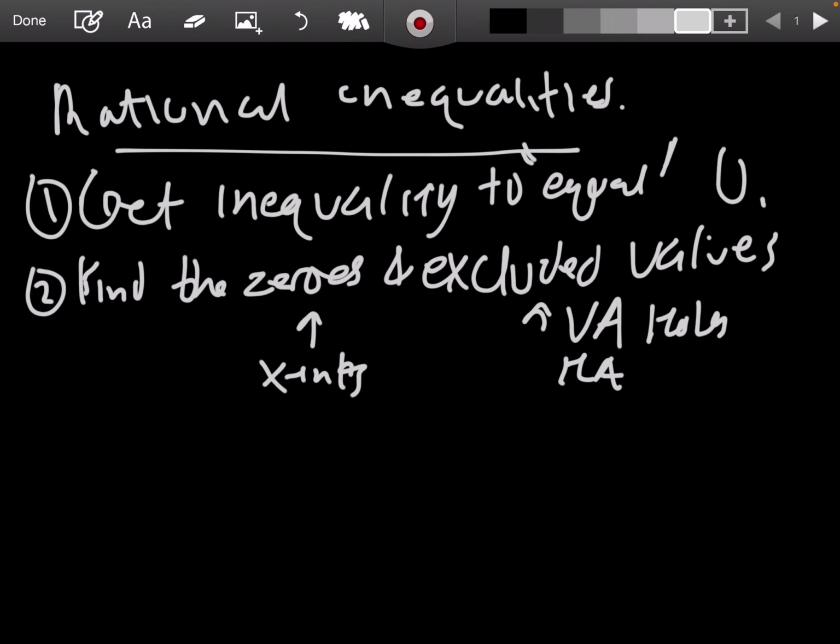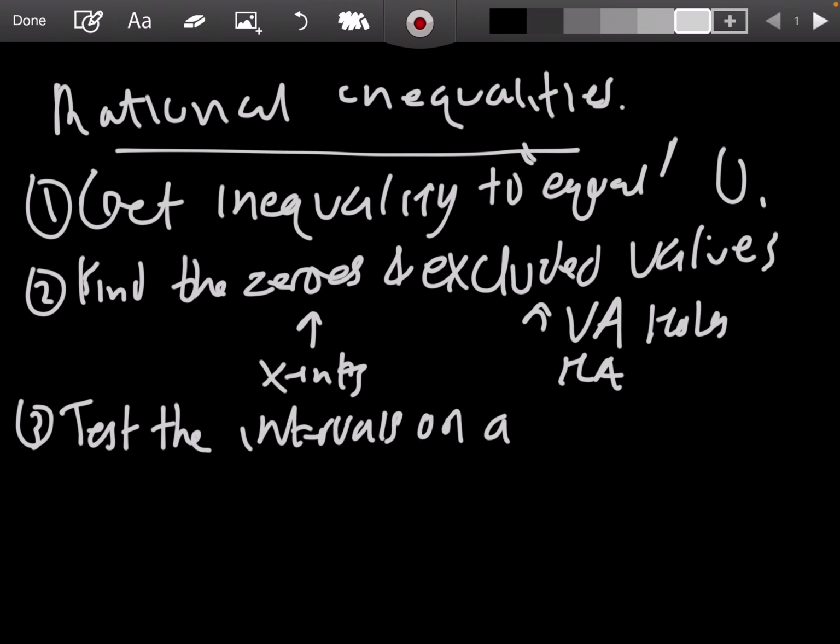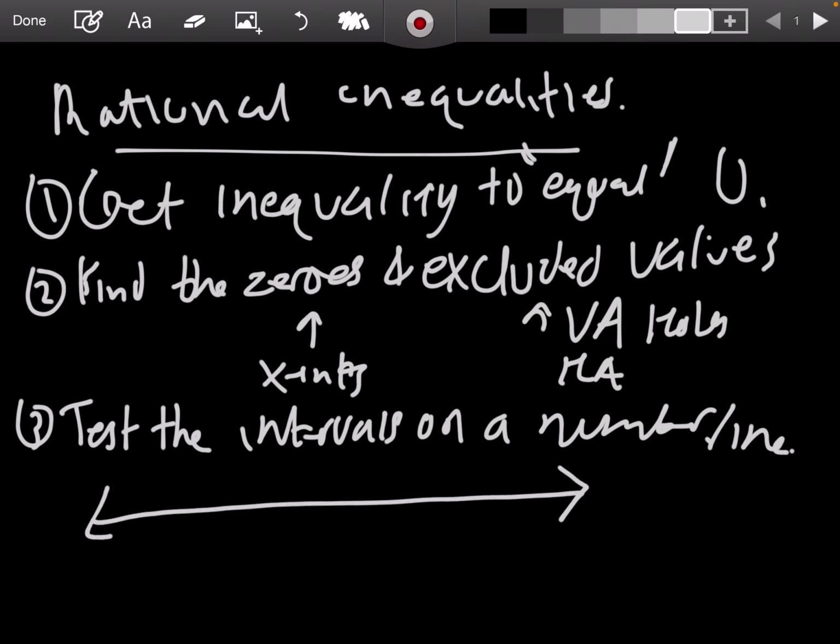And then the third step is to test the intervals on a number line, to see if they are true. So whatever excluded values or zeros you get, you put that on the number line and see if they are positive or negative.